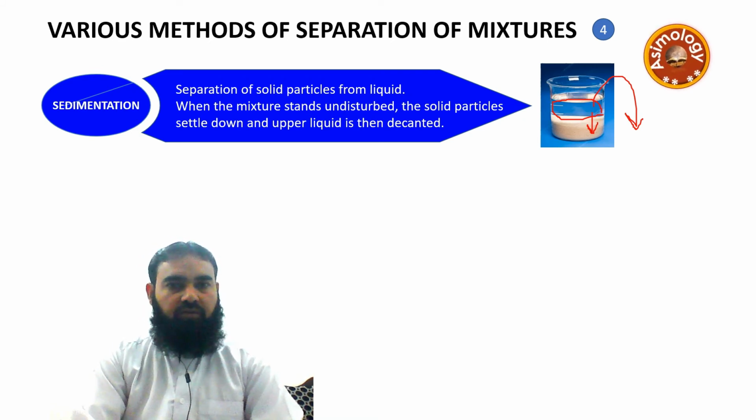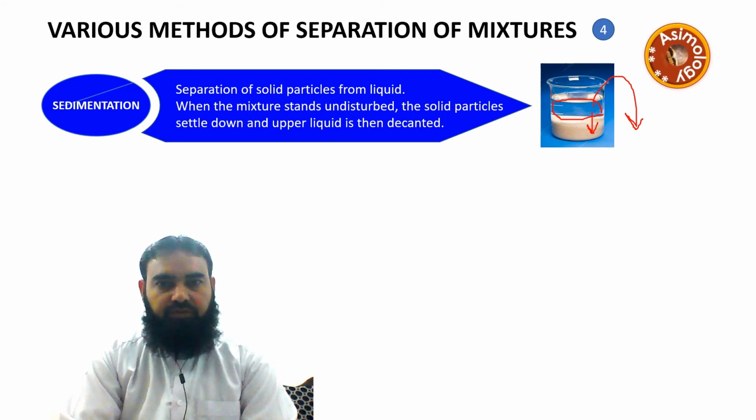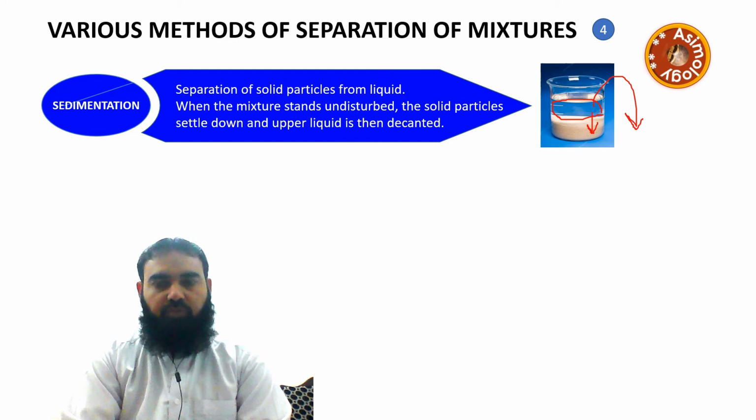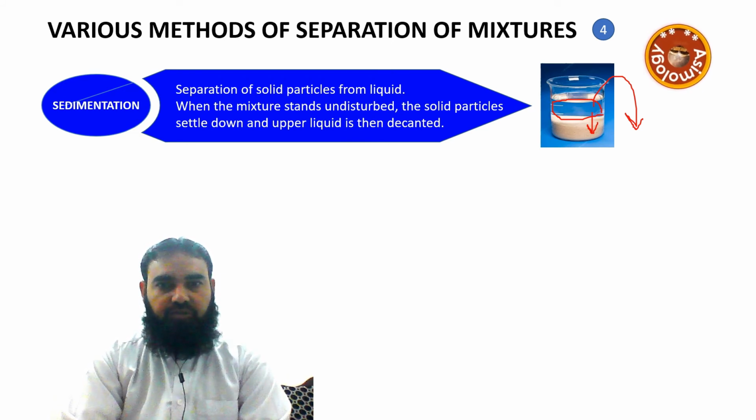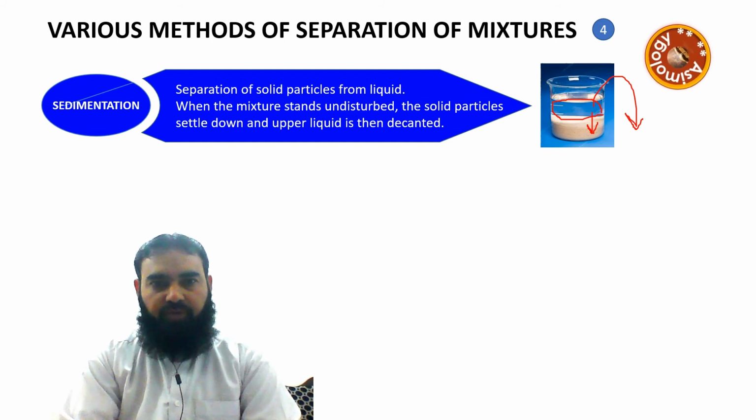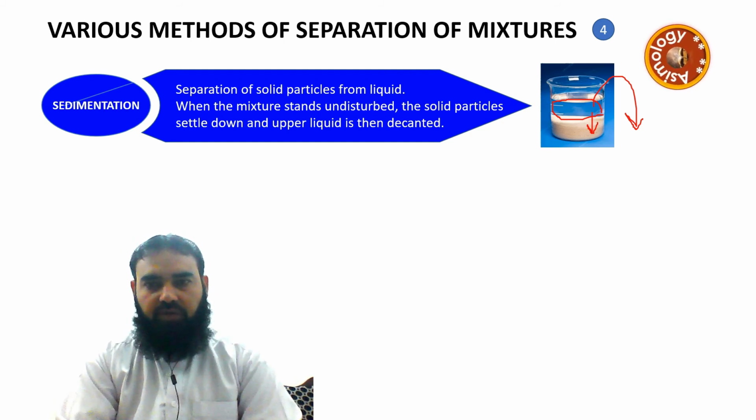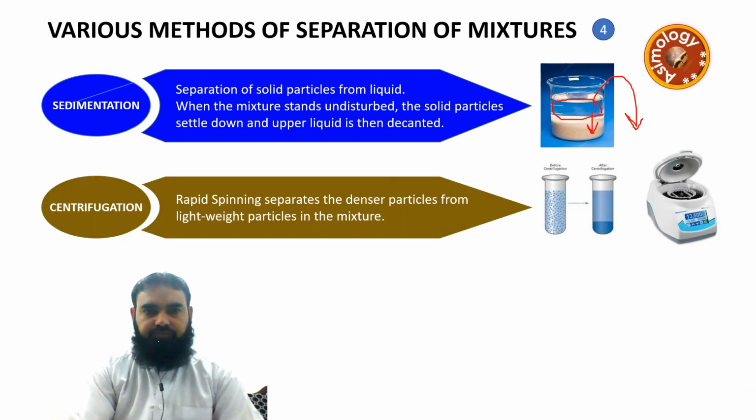So sedimentation is the process in which a liquid mixture containing solid impurities is allowed to stand undisturbed, so the solid particles settle down and the upper clear liquid is decanted.